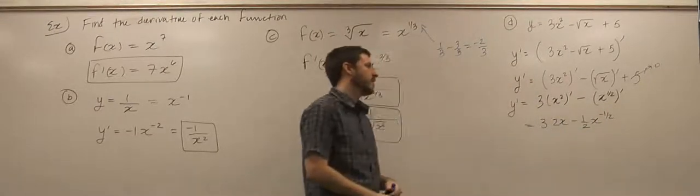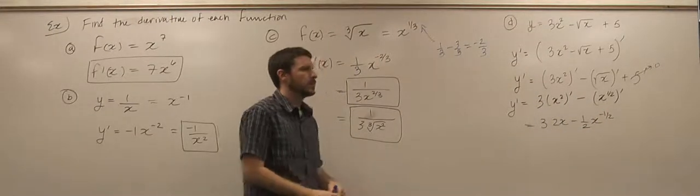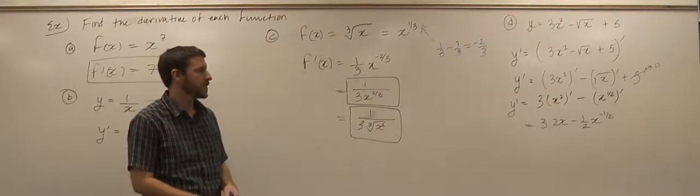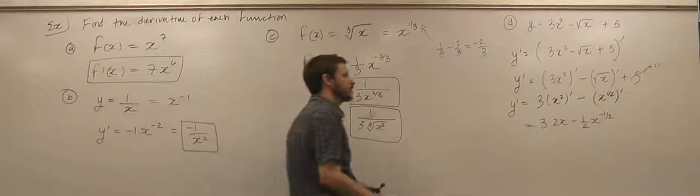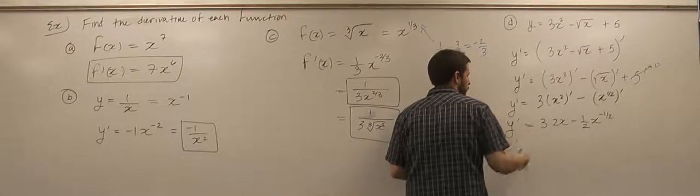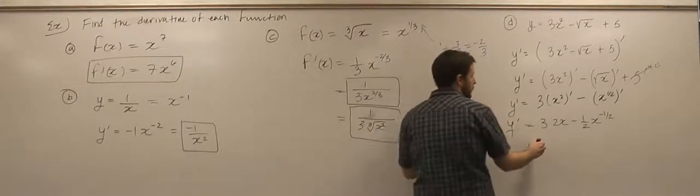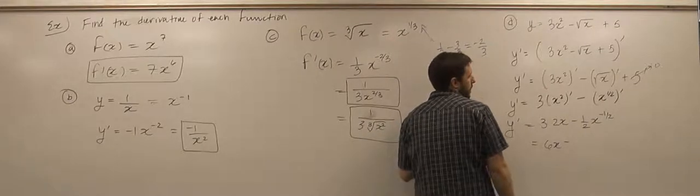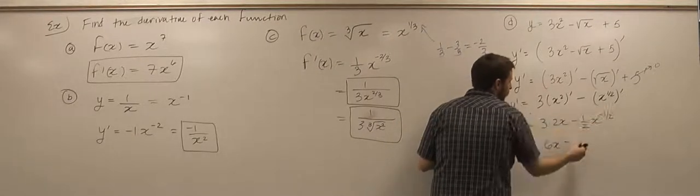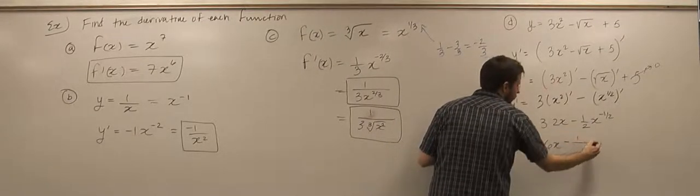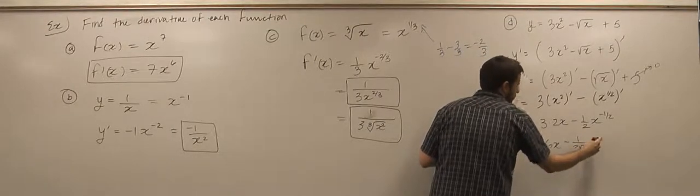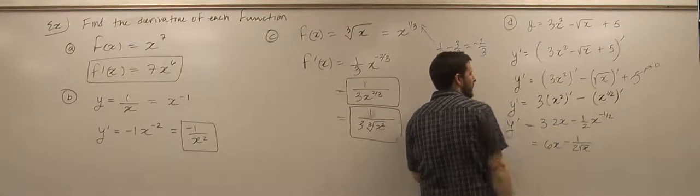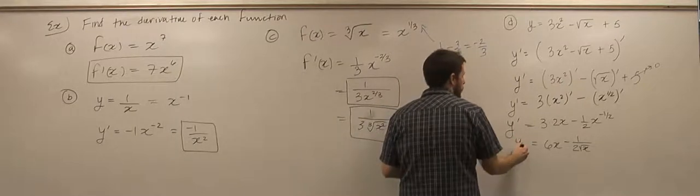So 1/2 comes down, and then I do 1/2 minus 1. 1/2 minus 1 is negative 1/2. So this is equal to 6x minus 1/2 x to the negative 1/2. If you put this back down in the denominator, 1/2 makes it a root, the negative puts it in the denominator.